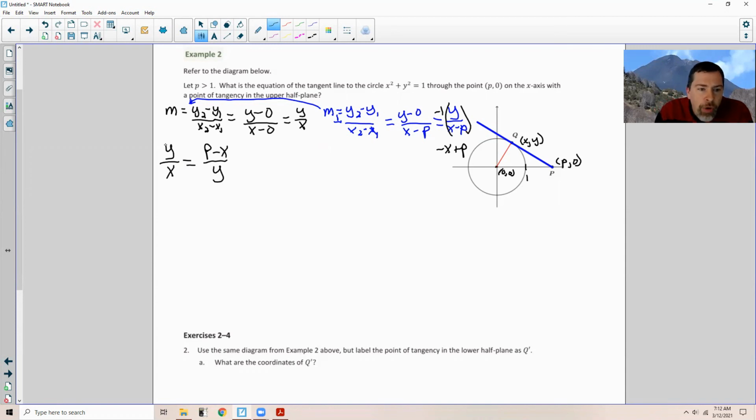So now we have y over x equals p minus x over y. When we cross multiply, we get y squared equals x times p minus x.